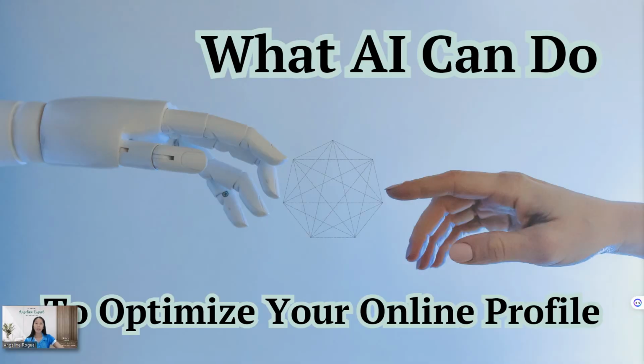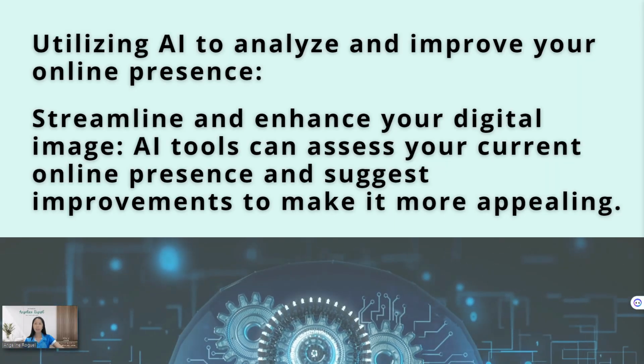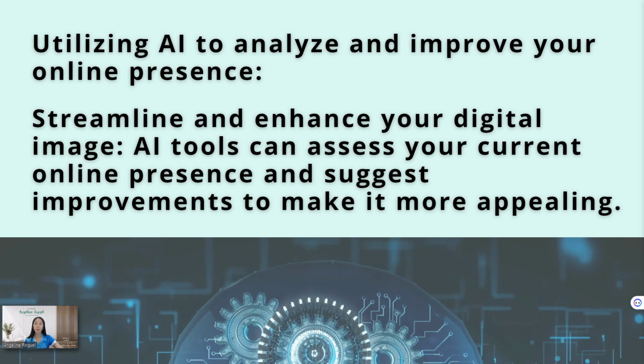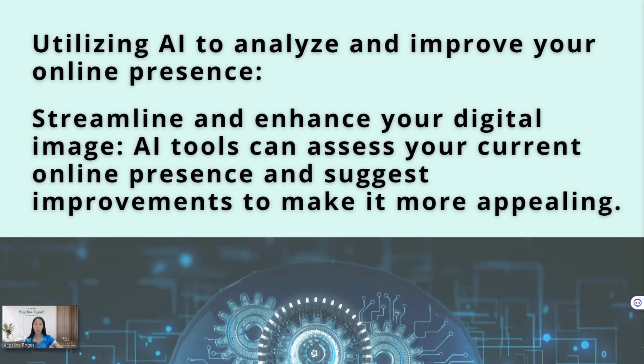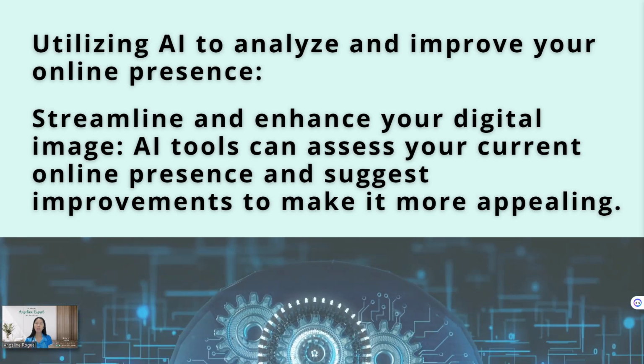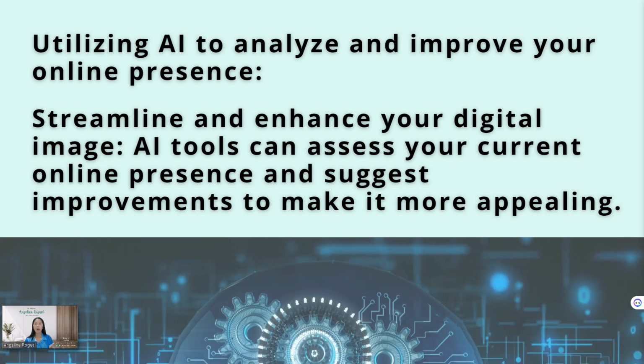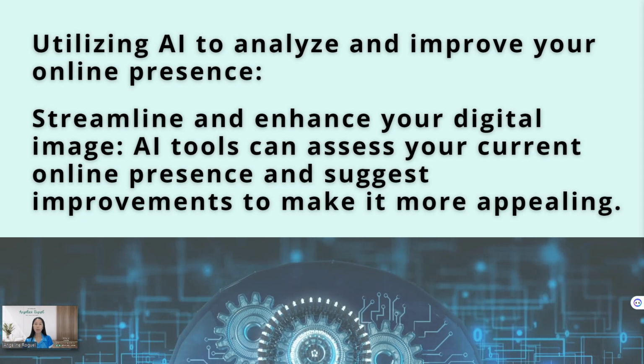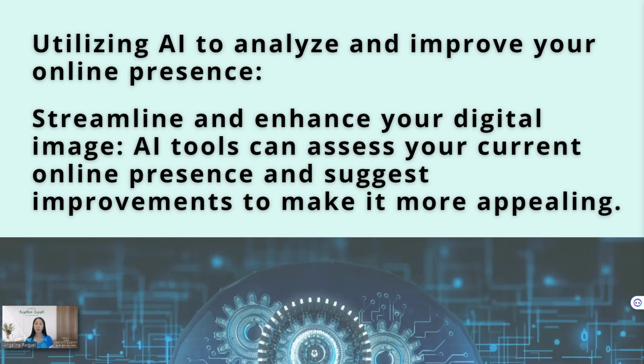So what can AI do to optimize your online profile? Number one, utilizing AI to analyze and improve your online presence. It can streamline and enhance our digital image. AI tools can assess your current online presence and suggest improvements to make it more appealing.